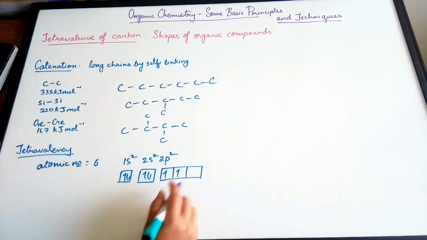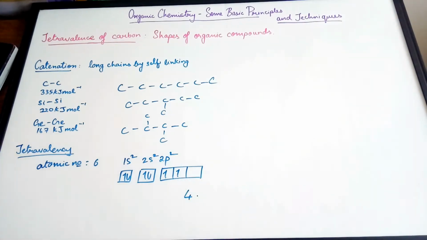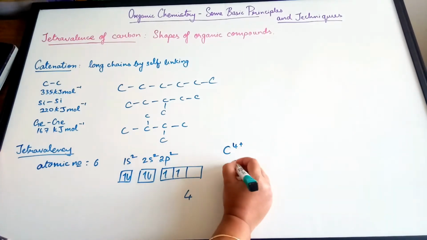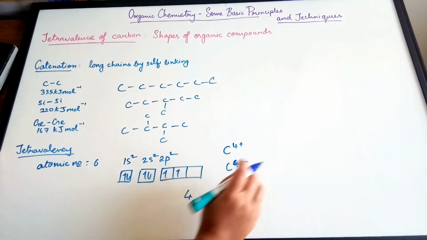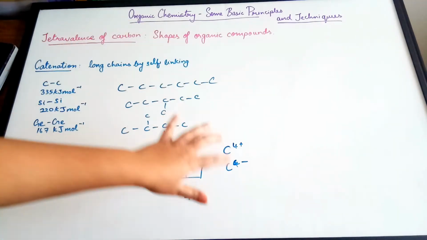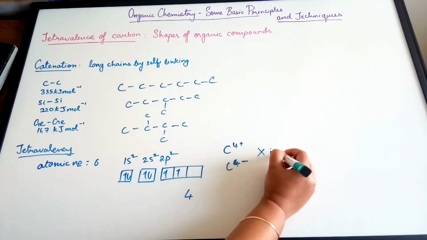So the number of electrons carbon requires is 4, and the amount of energy required to form C4+ or C4- is extremely high, and that is the reason why carbon generally does not form ionic compounds.